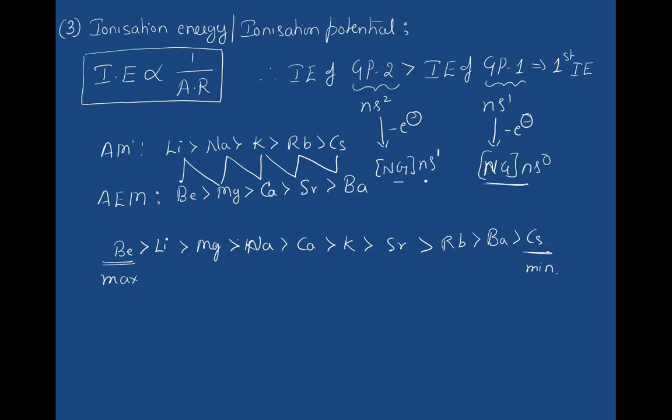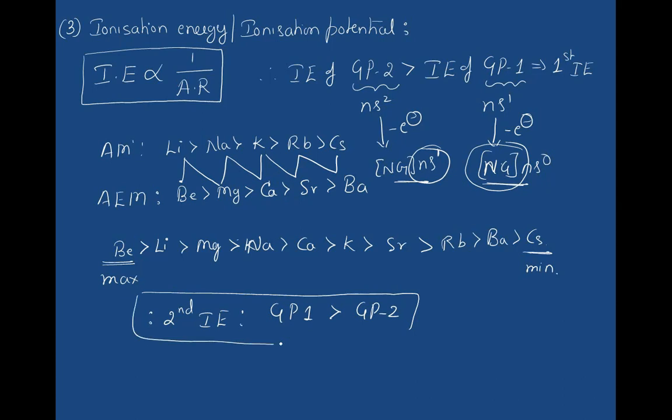So if I want to remove the second electron from group 1 elements, I have to remove it from the noble gas configuration, but for group 2 you can remove it from the s orbital. Therefore, with respect to second ionization energy, group 1 elements will be greater than group 2 elements. So students, be careful with this concept.